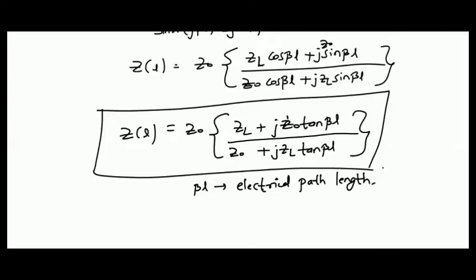If you take it at L, that is at the input at the source end, then this equation will give you the input impedance of the transmission line. So this is a very important relation.